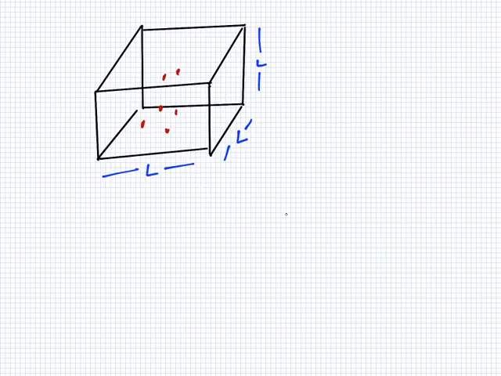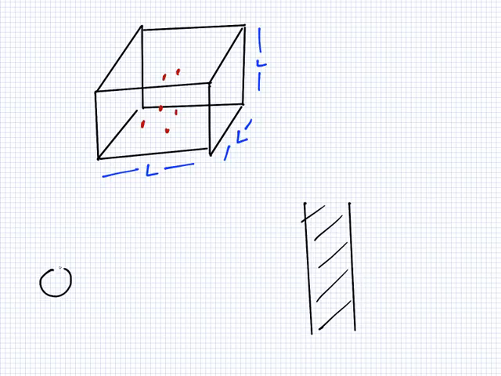So if I zoom in, here's the wall of the box, and here's a particle. We'll say that all the molecules have mass m, and their speeds can be different. Some can be going fast, some slow, but on average its speed is u. And it comes along, hits the wall, and then bounces back.